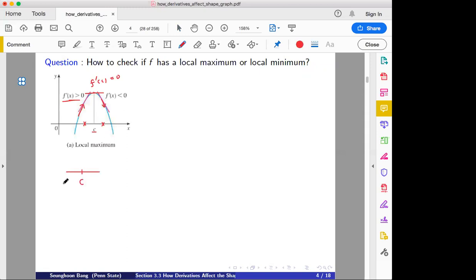On the left-hand side, we have positive f prime. On the right-hand side, we have negative f prime. So f of x is increasing and then decreasing. We have a local maximum at c. One more important thing: f prime of c is equal to 0. This is one idea.